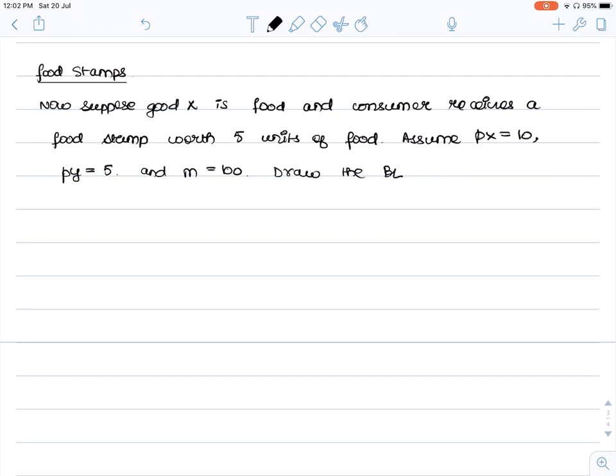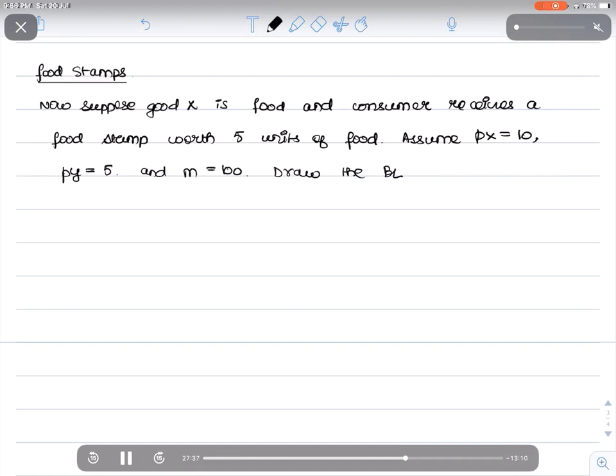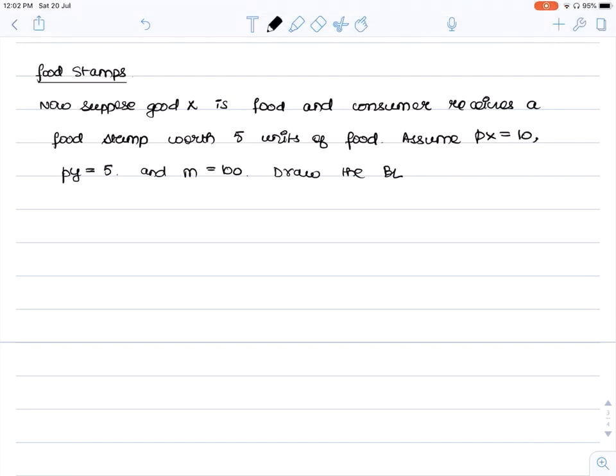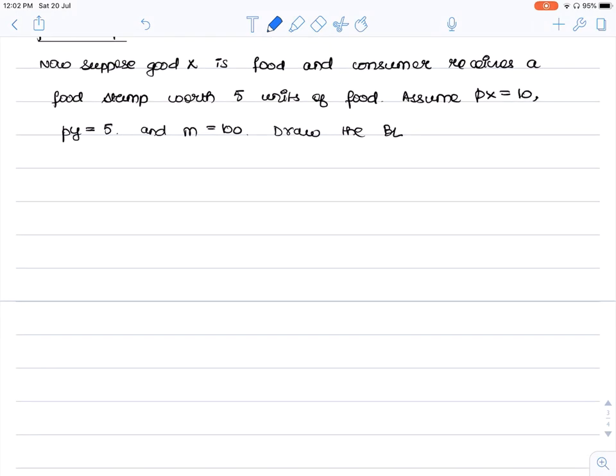Please write alongside: the first 5 units of food are free to the consumer. You don't have to pay anything, nothing at all. But if you want to consume anything more than 5 units of food, you will have to pay for it.